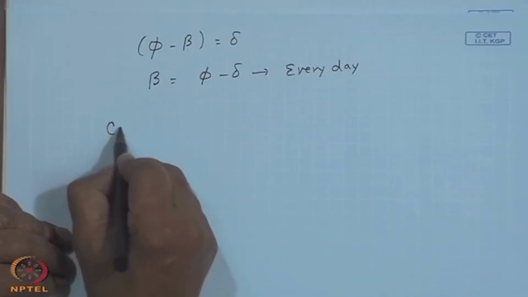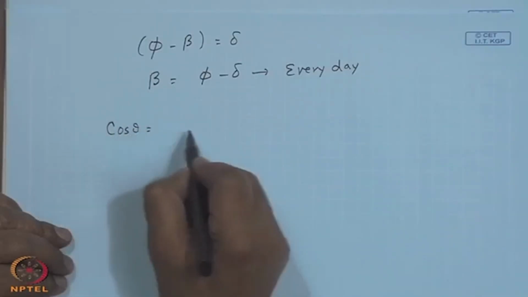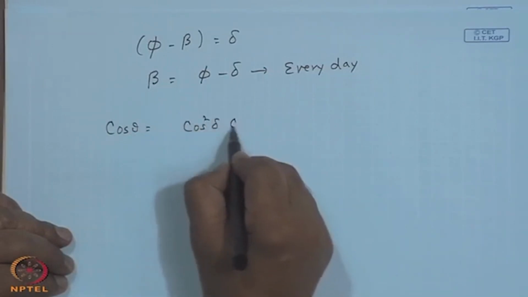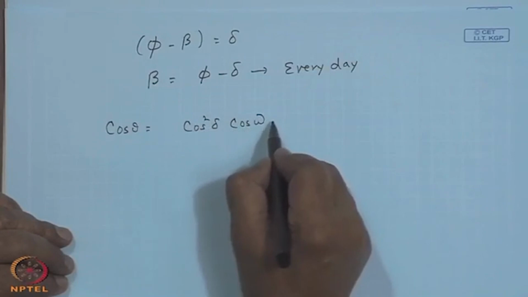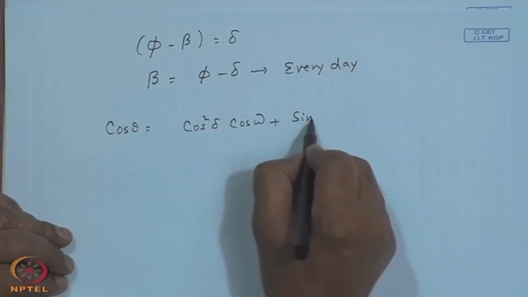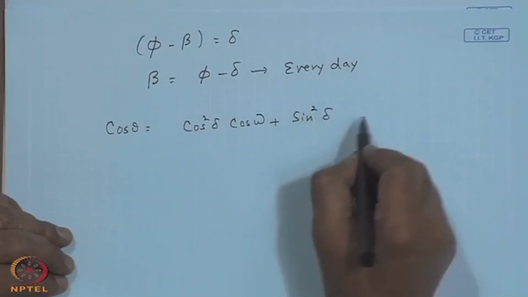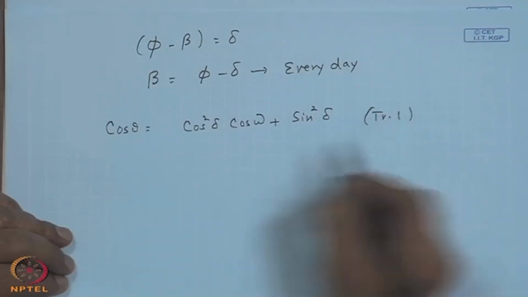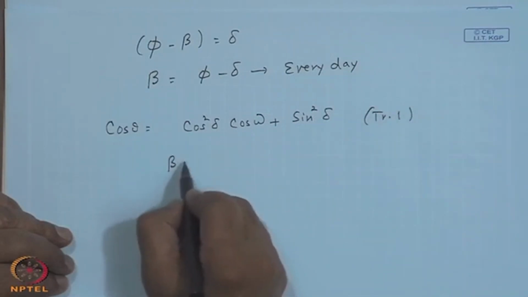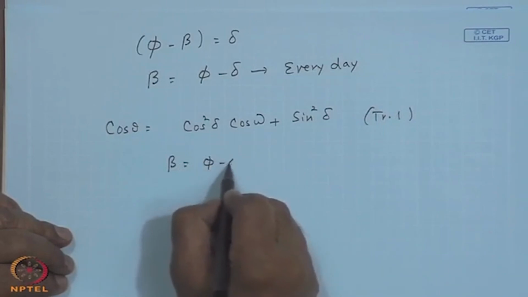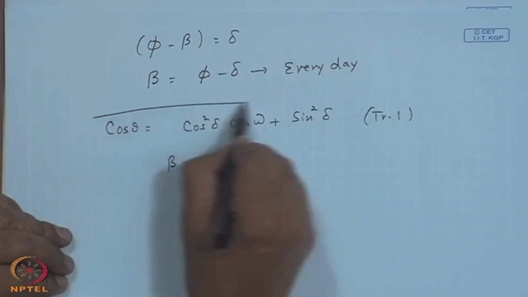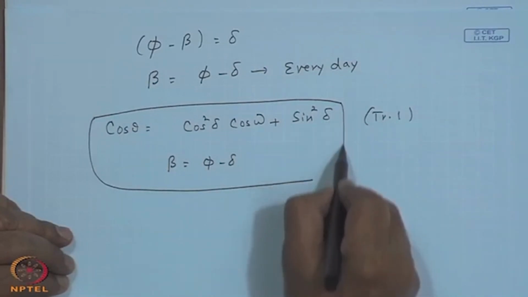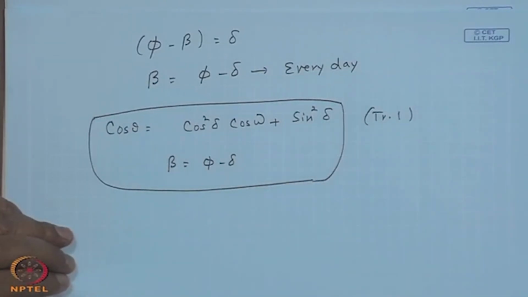So, my cos theta is now cos squared delta cos omega plus sin squared delta. So, tracking mode 1 and beta is phi minus delta, because if you look at the top equation, it does not contain phi, it does not contain beta.